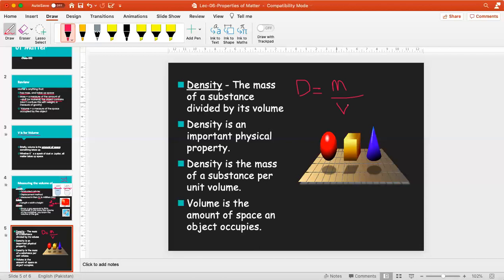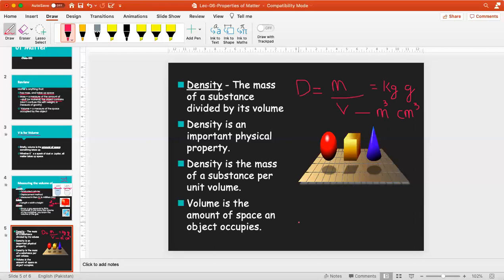The amount of matter in a substance is the mass, and the amount of space in a substance is known as its volume. So if you go for the units of mass, the majority mass units normally we use are kilograms, right, and grams. If we go for the volume, it is meter cube, or centimeters cube. So what are the units of density?